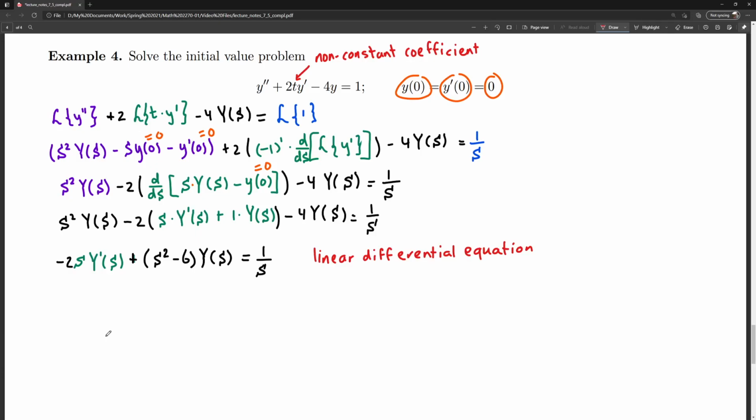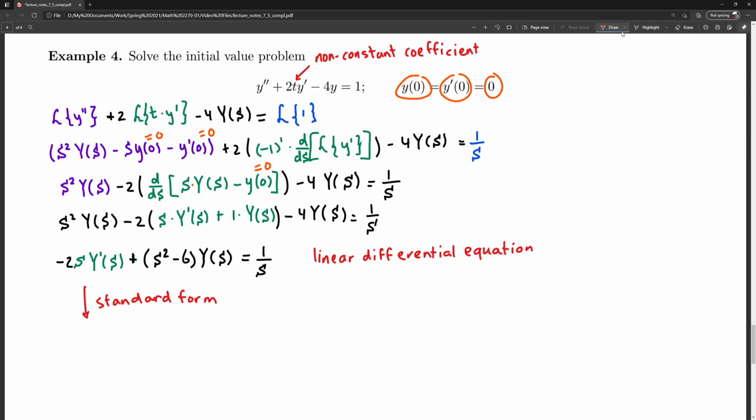So what we need to do is write this in standard form. And that means getting rid of the -2s coefficient. So we're going to divide everything by -2s.